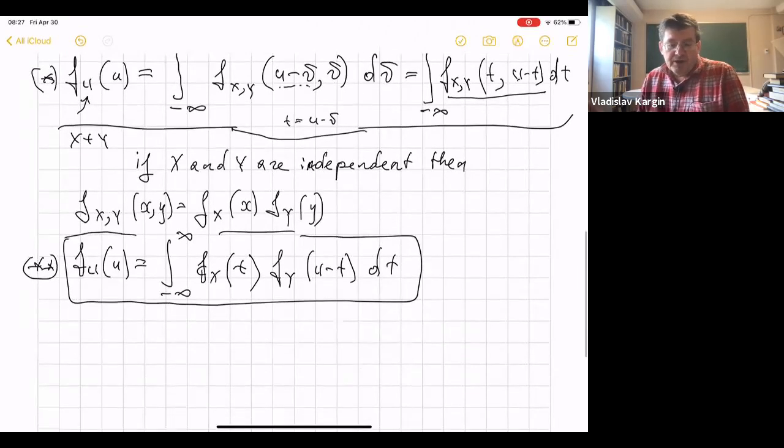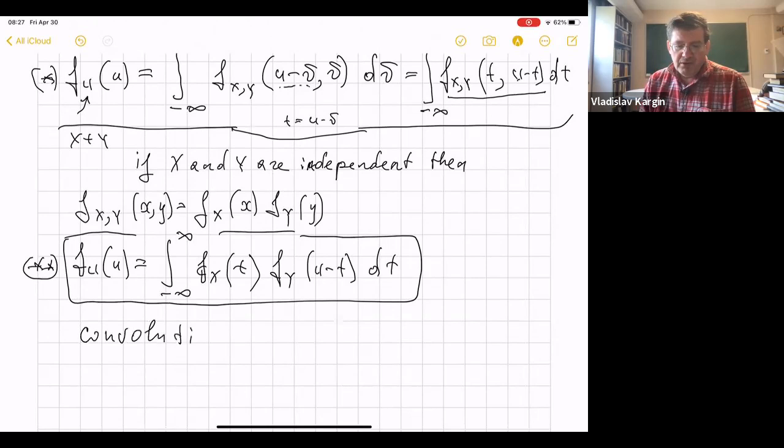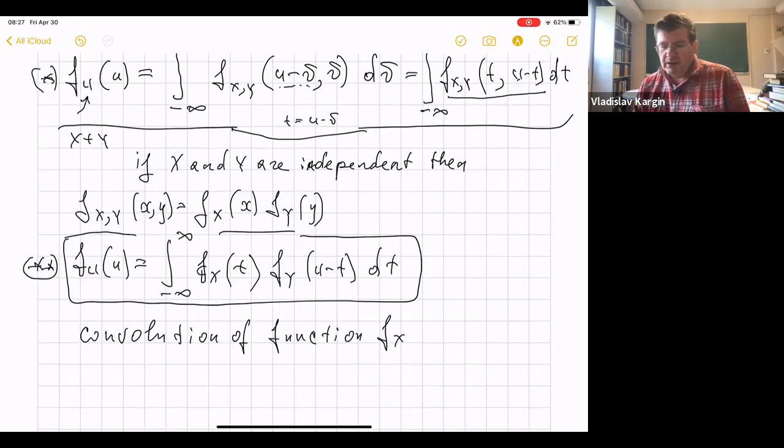Now you can apply this formula and get the density of the sum. First of all, it has a name: this is called a convolution of functions f of x and f of y.